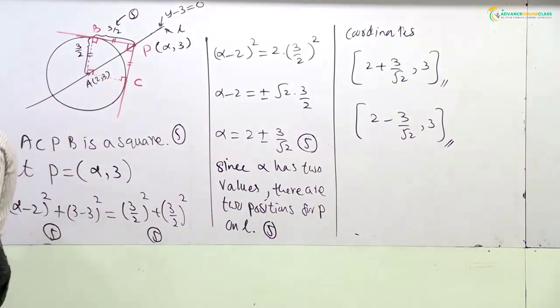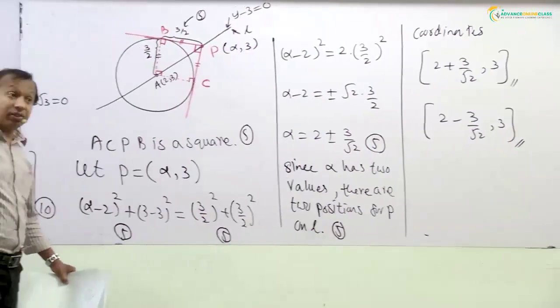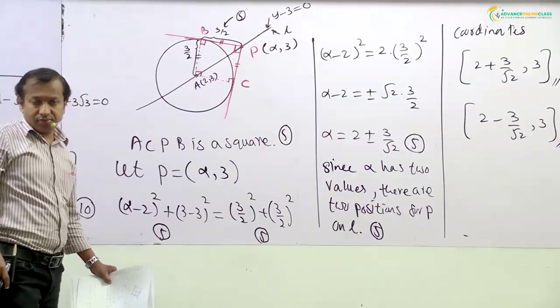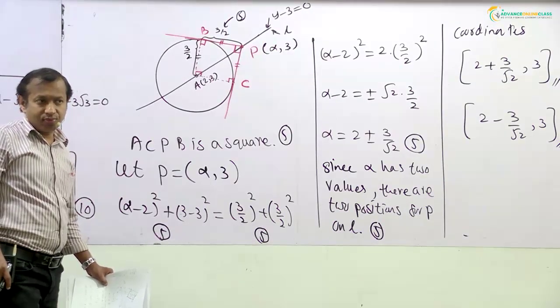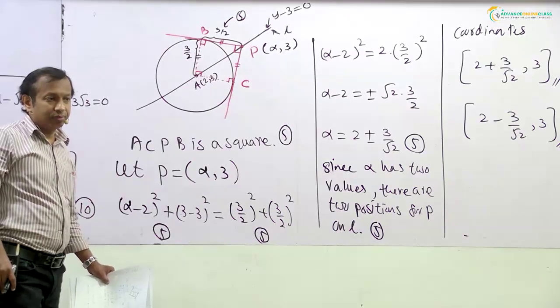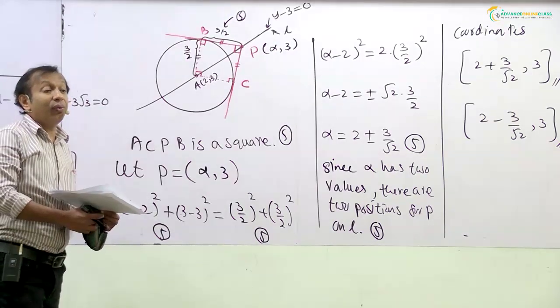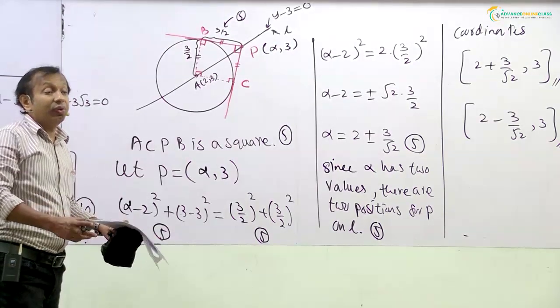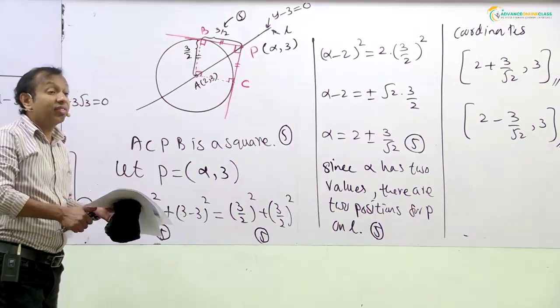What is next asking? Further find the area of the quadrilateral which is enclosed by the tangents. Enclosed by the tangents. What area then? How many tangents can we draw according to the asking condition?